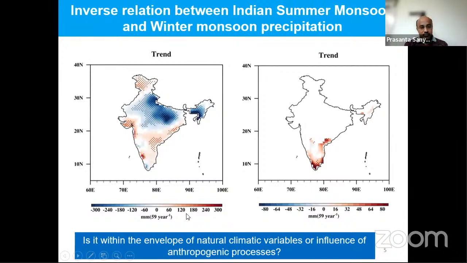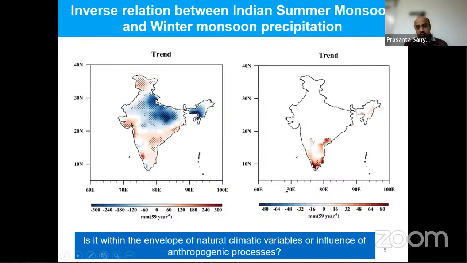Naturally, the question comes whether this inverse relation between the Indian summer monsoon and Indian winter monsoon is within the envelope of natural climatic variability, or whether it is the influence of anthropogenic processes, like the warming up of the ocean.